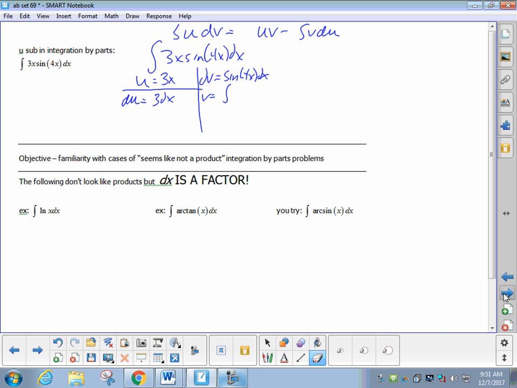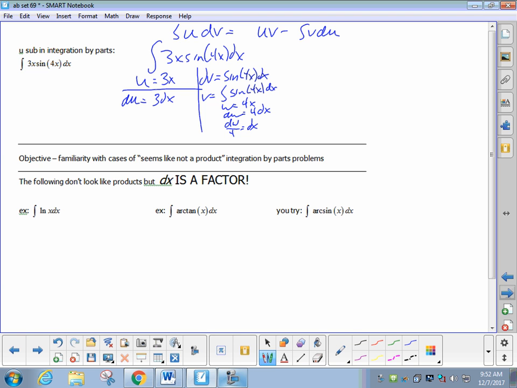Let's use a w-sub for this. w is 4x, so dw is 4dx, so dw over 4 equals dx.